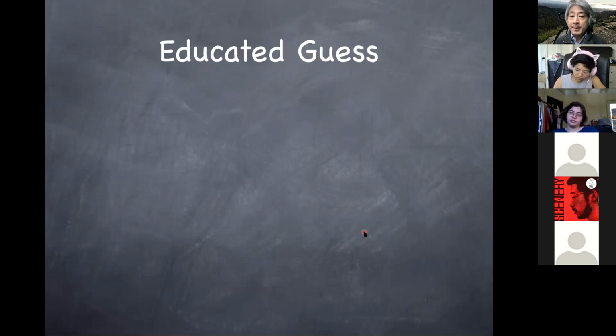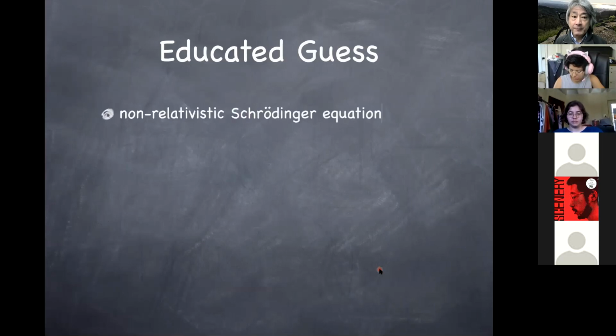So now we have to come up with the Lagrangian for the matter particle, and we make an educated guess. What we learned from the non-relativistic Schrödinger equation is that energy is p squared over 2m. This is definitely non-relativistic. We have to change that. But we learned two more things, that energy has to do with i h bar del t, and momentum has to do with h bar over i gradient.